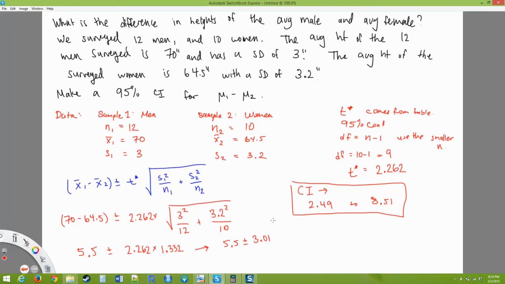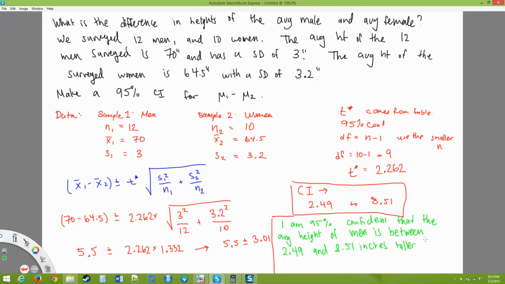And I would say the important conclusion is I write, I am 95% confident that the average height of men is between 2.49 and 8.51 inches taller than the average height of women.